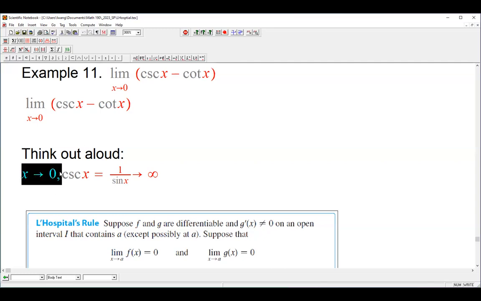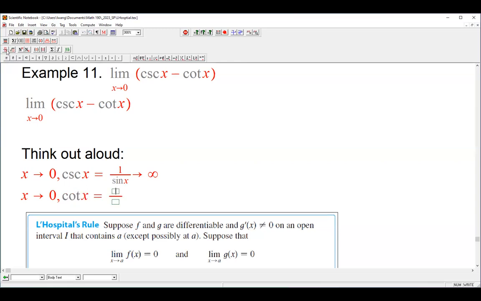As x approaching 0, cotangent x is equal to cosine x over sine x. As x approaching 0, the denominator approaching 0, cosine x approaching 1, this is approaching infinity. So the indeterminate form we have here is infinity subtracting infinity.